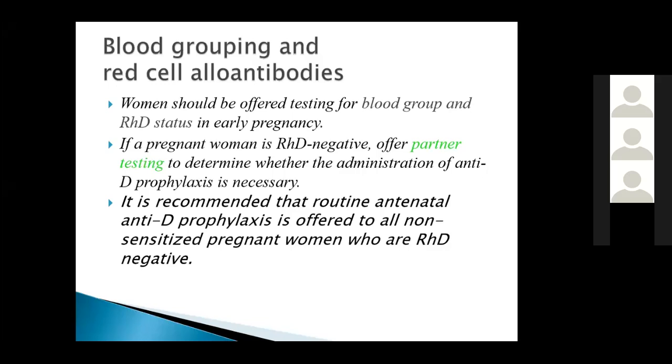So women should be offered testing for blood group and RHD status in early pregnancy. If a pregnant woman is negative, offer partner testing to determine whether the administration of antenatal prophylaxis is necessary. It is recommended that routine antenatal anti-D prophylaxis is offered to all non-sensitized pregnant women who are RHD negative.